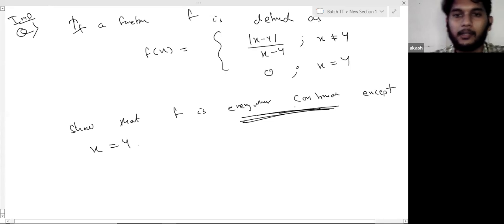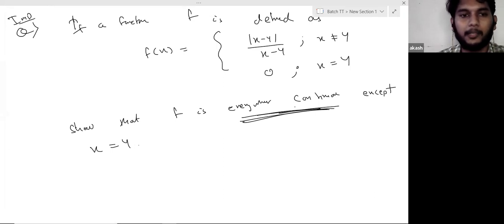Sahel, if I ask you to prove that Haldiram's samosa has no aloo, what will you do? You will go to Haldiram, buy a samosa, and check if aloo is in it or not.